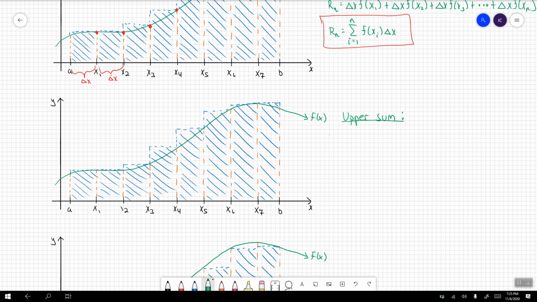So, in each interval, the largest f of x sub i star, and this is just some random sample point that we take in each subinterval, determines the height of each rectangle.